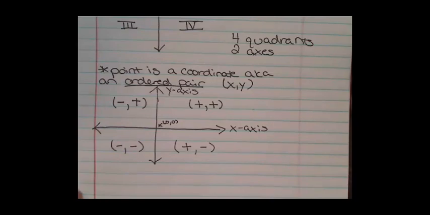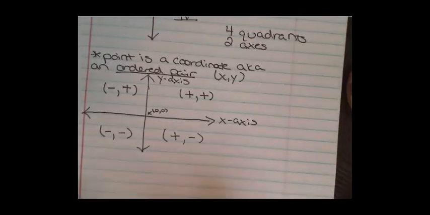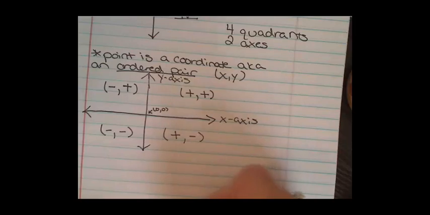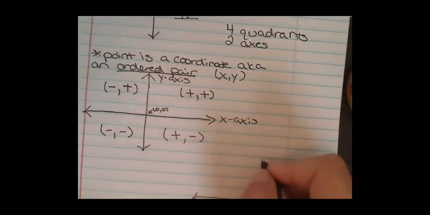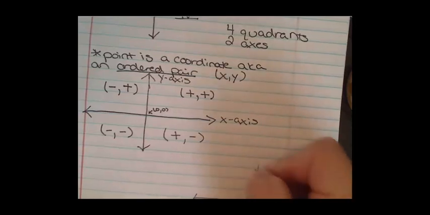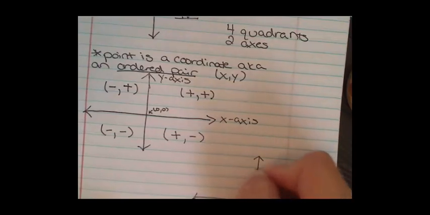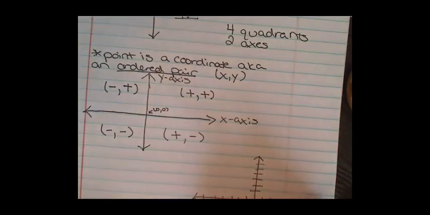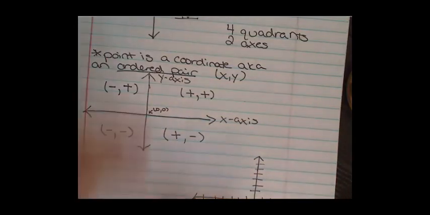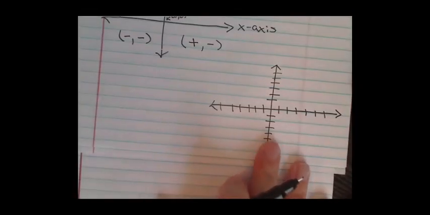We're going to do an example, and I'm going to go ahead and make a Cartesian coordinate system over here. 1, 2, 3, 4, 5, 6. 1, 2, 3, 4, 5, 6. So here's an example. We're going to plot these points.